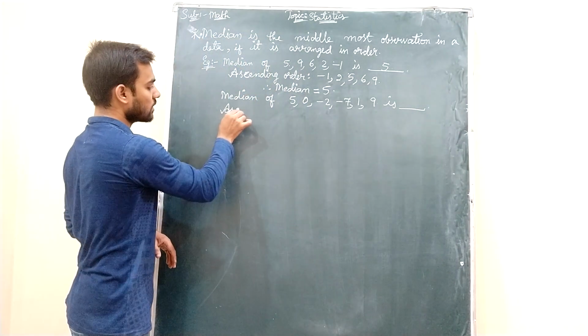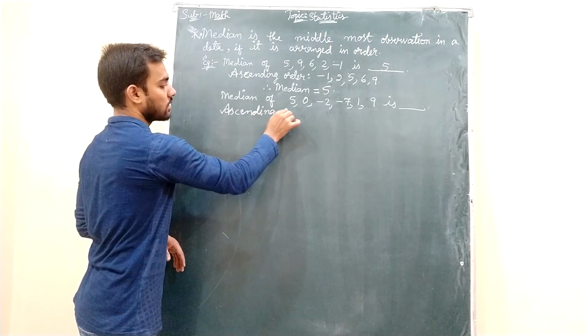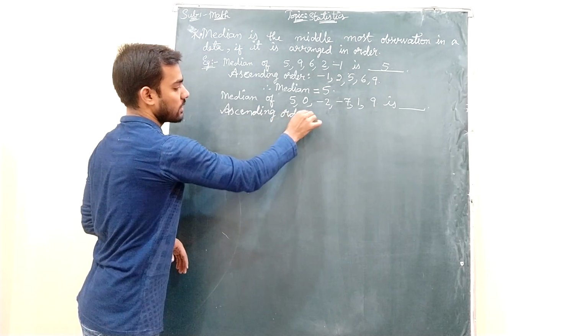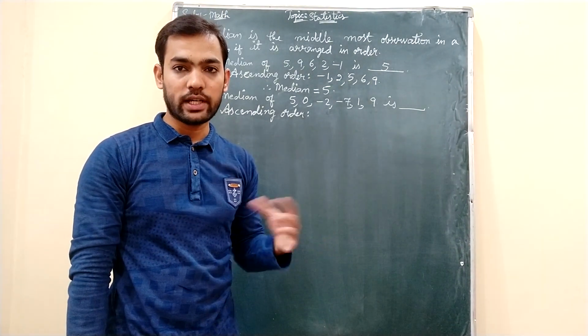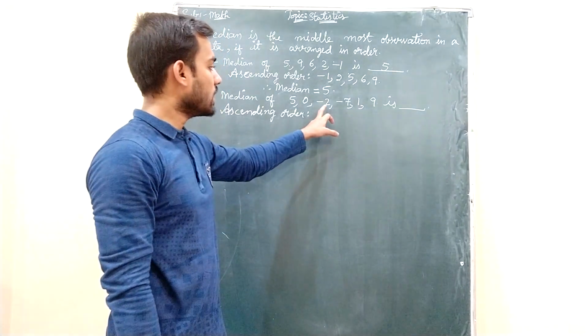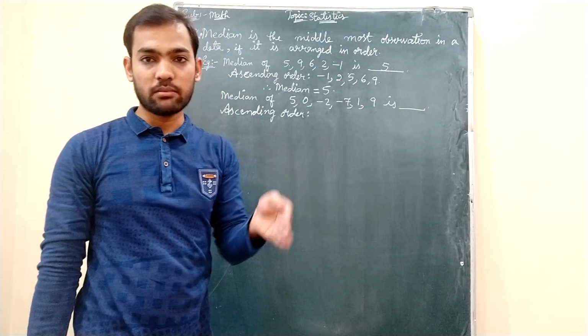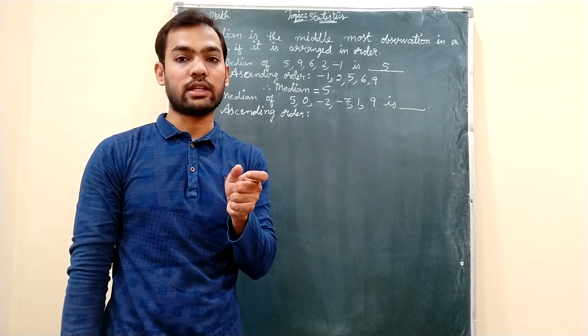Now, ascending order of these numbers. As I said, if there is a combination of positive and negative values, negative comes first. So, when you see here, there are 2 negative values, minus 2 and minus 7. So, among them, the smaller one is minus 7, not minus 2.